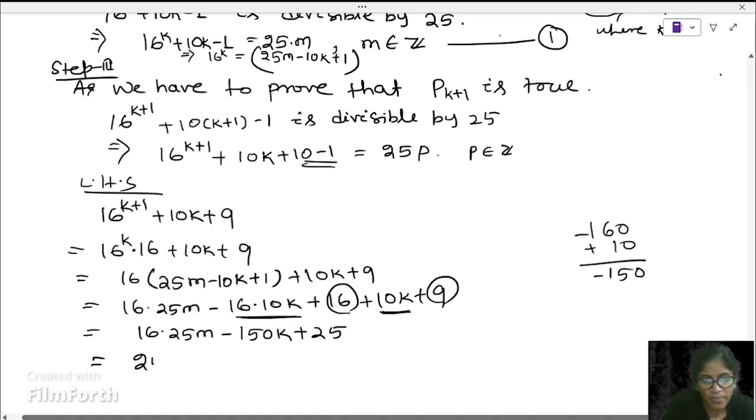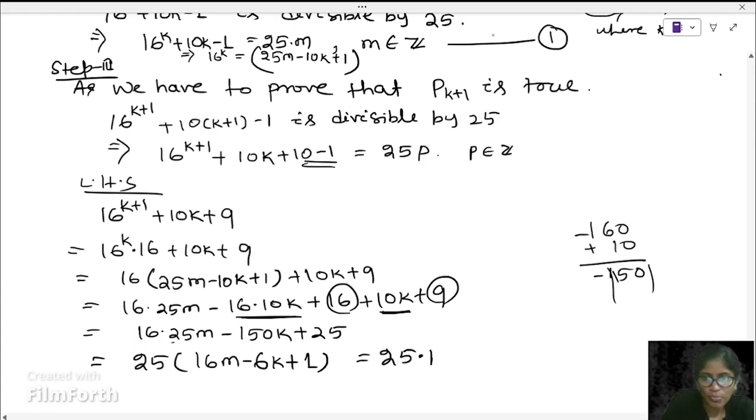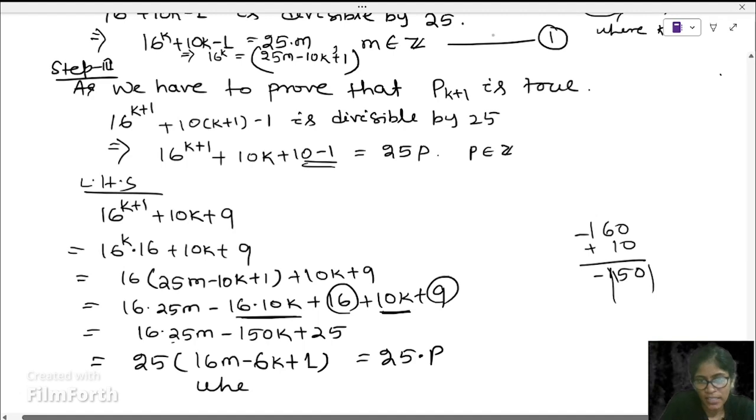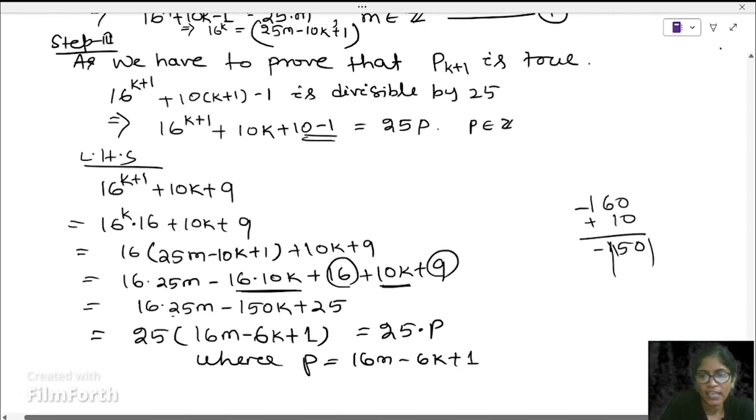Now taking 25 as common, it equals 25 into (16m minus 6k plus 1). That is equal to 25 into p, where p is equal to 16m minus 6k plus 1. Hence it equals the right hand side.